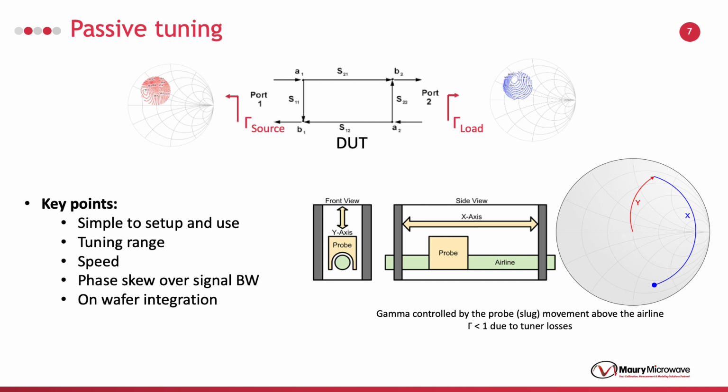We will always be limited by their speed. Phase skew: this is particularly relevant for modulated signals, where an impedance needs to be set over the frequency bandwidth of the signal. Due to cables, couplers, and probes, for example, the phase of the reflection will change over frequency. I will cover this topic in more detail later in the PowerPoint.